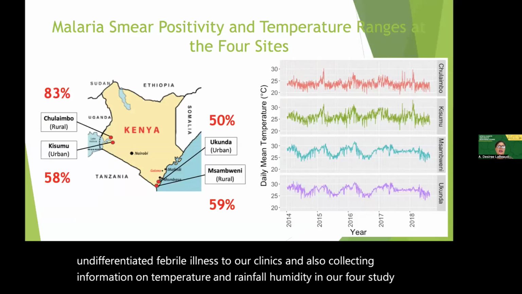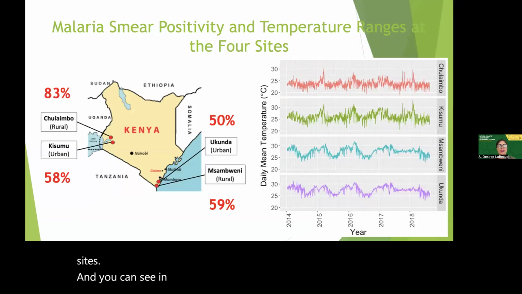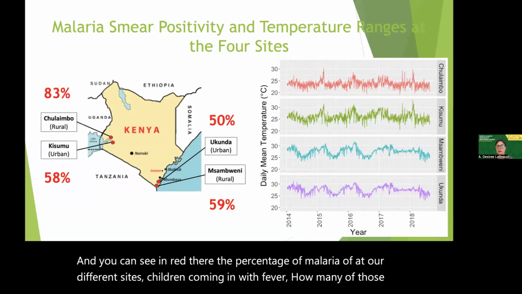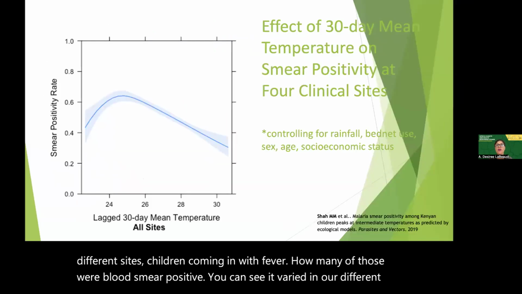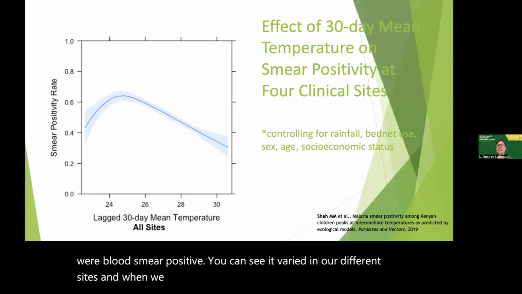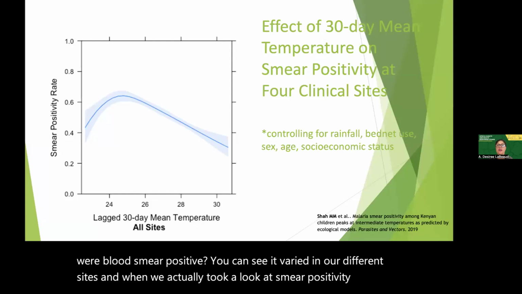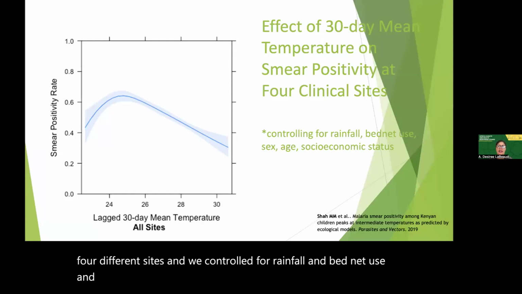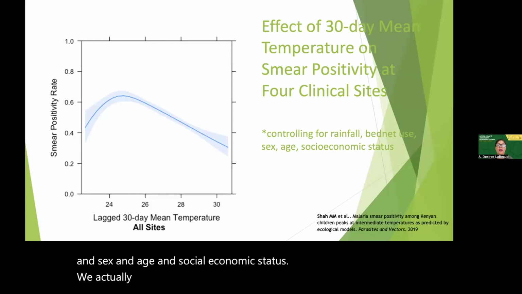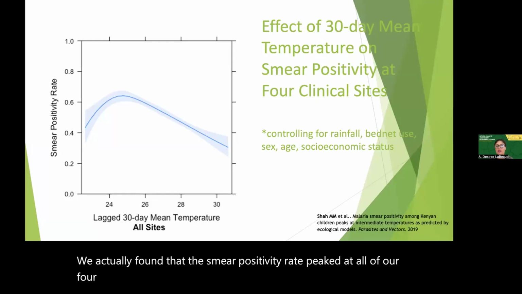And you can see in red there the percentage of malaria at our different sites, children coming in with fever, how many of those were blood smear positive. You can see it varied in our different sites. When we actually took a look at smear positivity at our 4 different sites, and we controlled for rainfall and bed net use and sex and age and socioeconomic status, we found that the smear positivity rate peaked at all of our 4 sites at 25 degrees Celsius.